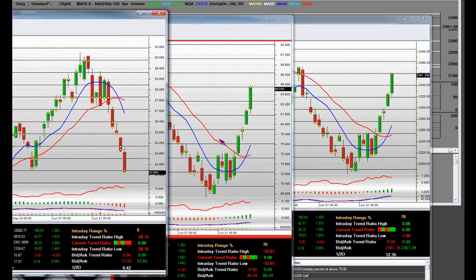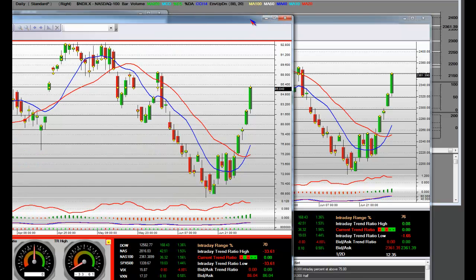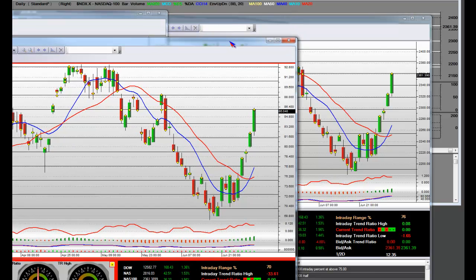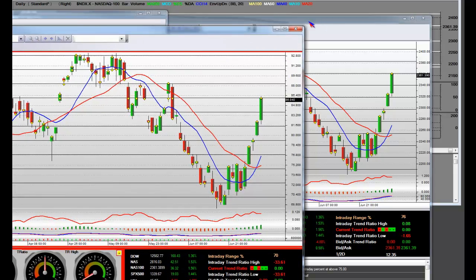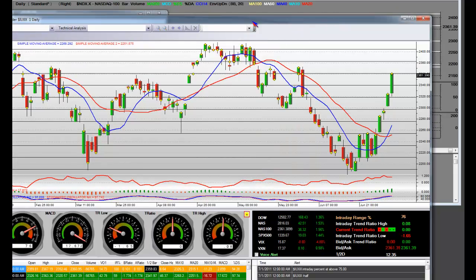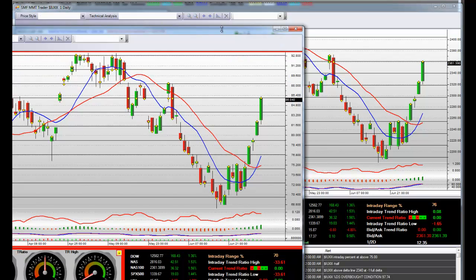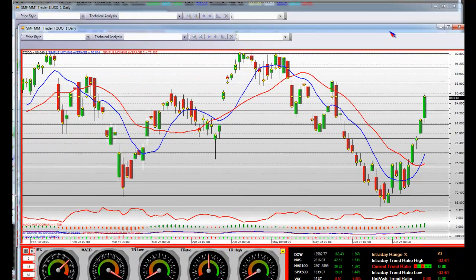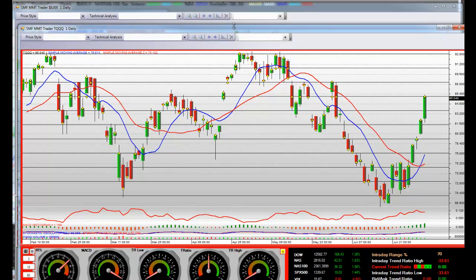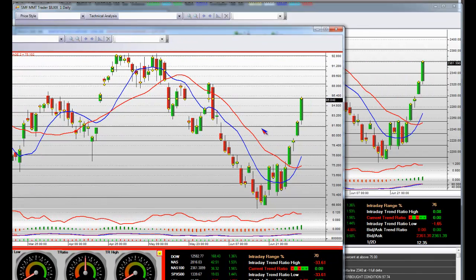And once again, the TQQQ is a bull that we correlate to this Nasdaq 100 here. This is the Nasdaq 100 right here. You can see it, Nasdaq 100. And over here you can see TQQQ bull. You can see the moves.